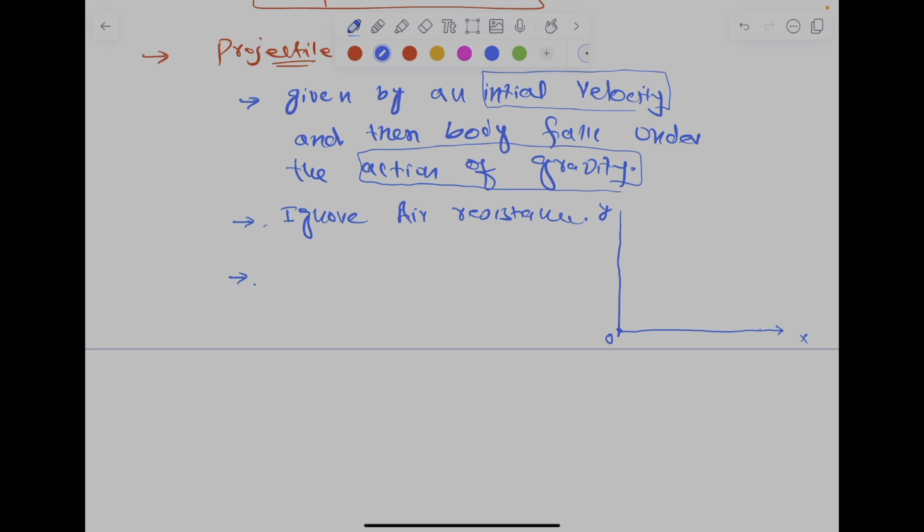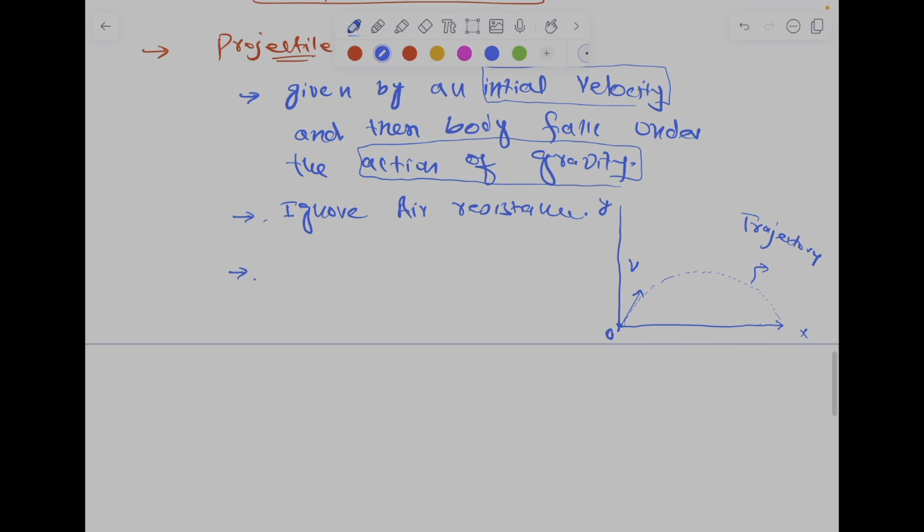If this is your origin and the particle is given some initial speed, it follows a path and falls under the action of gravity, and this path is known as the trajectory.